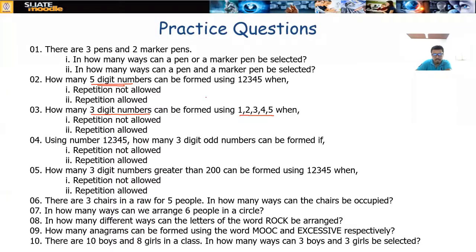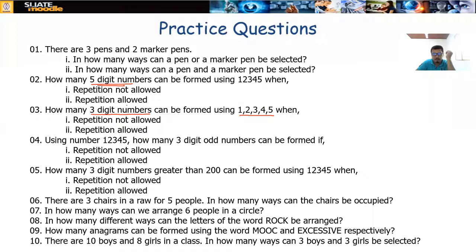We are going to form 3-digit numbers using the digits 1, 2, 3, 4 and 5, numbers like 100, 150, 175, 280, 390, 975, using these 5 digits.